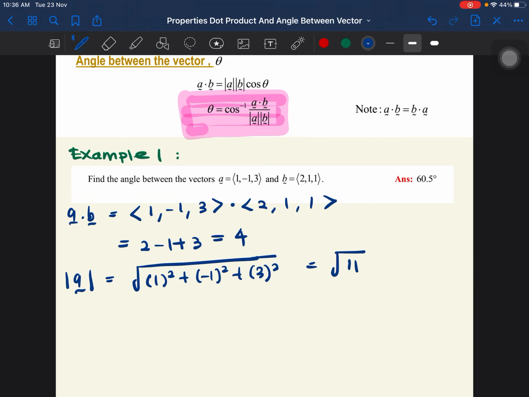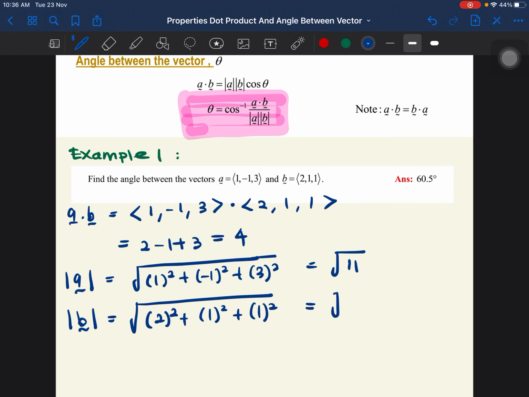Next you need to find the magnitude of B. Referring to vector B here, the coefficient of i is 2, j is 1, and k is 1. So the magnitude of B is equal to the square root of 2 squared plus 1 squared plus 1 squared, which is equal to square root of 6.